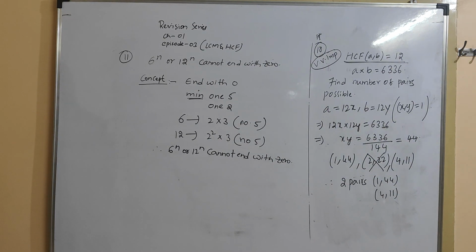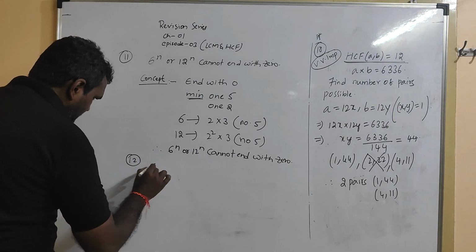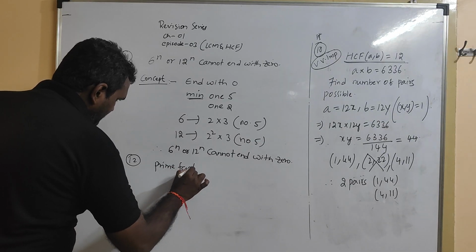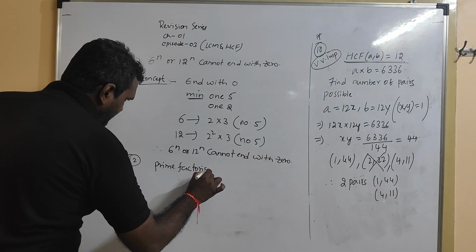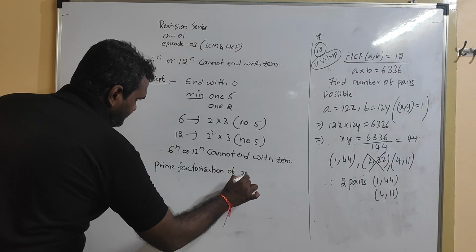This is another good topic. Prime factorization of 385 is given, and the next question, see the 12th question: prime factorization of 385.